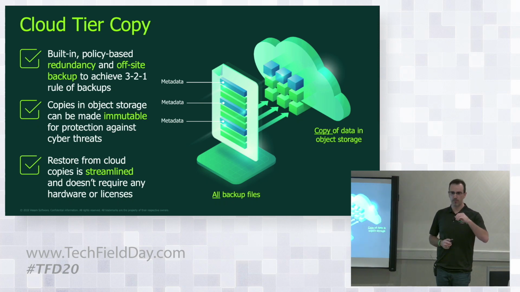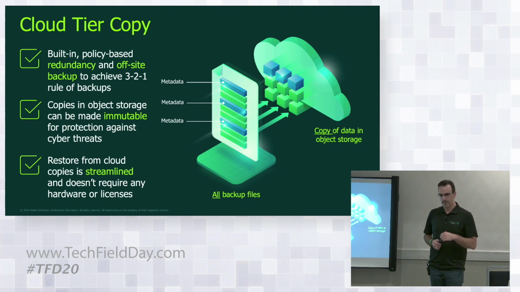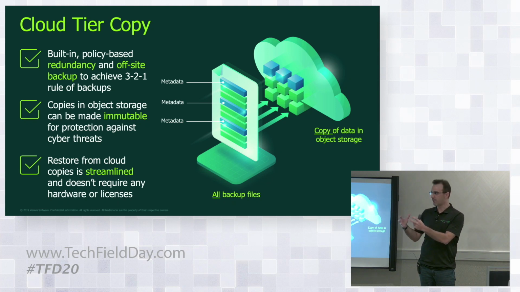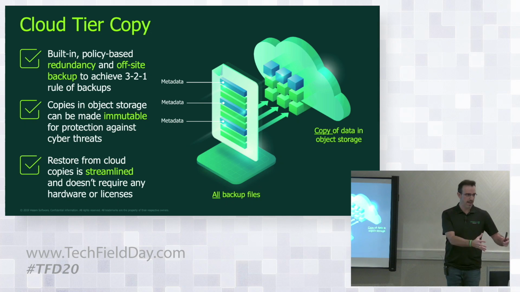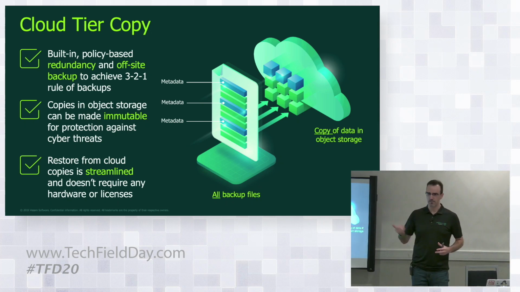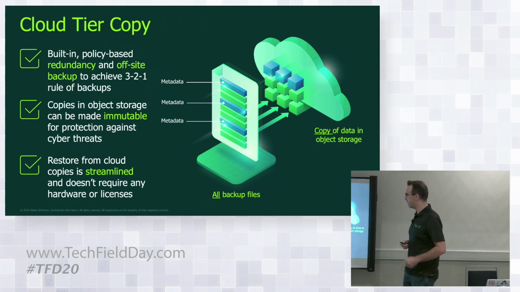We know exactly where the blocks are sitting in object storage, and if we need to do a restore operation, an instant VM recovery, a file level recovery, a full VM recovery, we're going to pull those blocks and stream them. That's a massive difference in what we do and how our competitors do it. Fundamentally, we're streaming that data down. We don't need to take that data from the capacity tier, from the object storage, move it to a staging area, and then do something with it. We're streaming it directly down. That's part of the smarts behind this technology and what makes it innovative in the space.